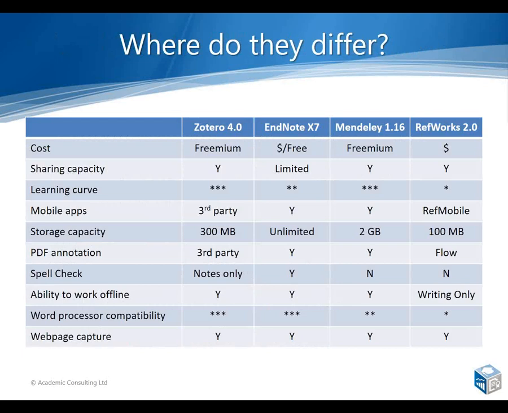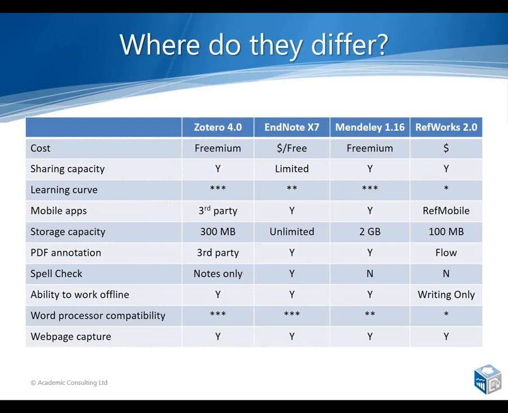They're all compatible with word processors, but the degree to which they are varies. So Zotero and EndNote, in my opinion, are the best compatibility for word processors. The last option, you'll notice that that is all yeses for web page captures.